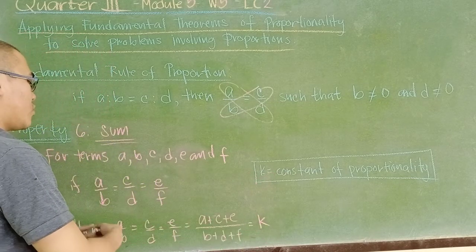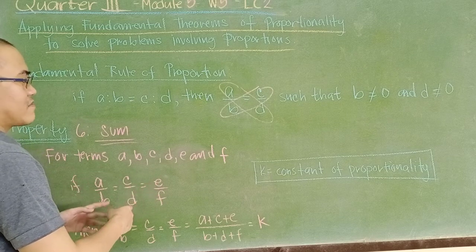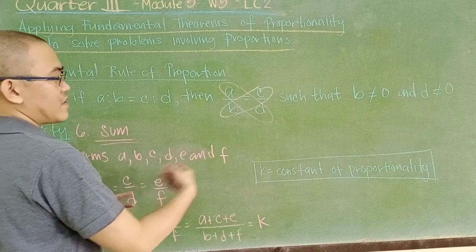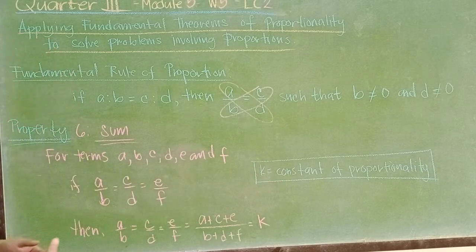Ibig sabihin yan, if we will try to add all proportions natin, tapos kinuha natin yung lowest term, lalabas yung tinatawag nilang K, which is constant of proportionality.